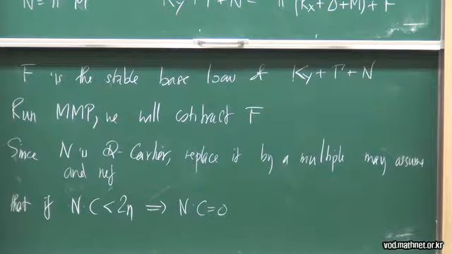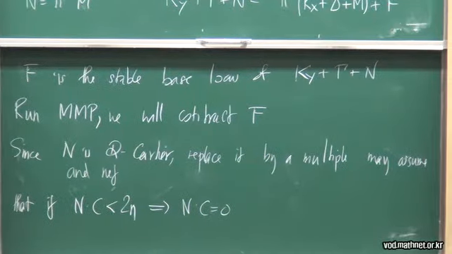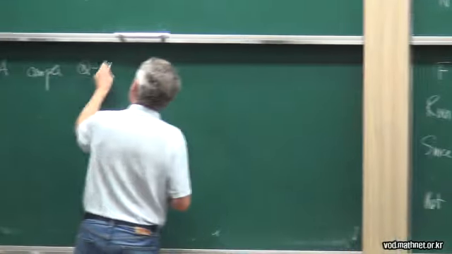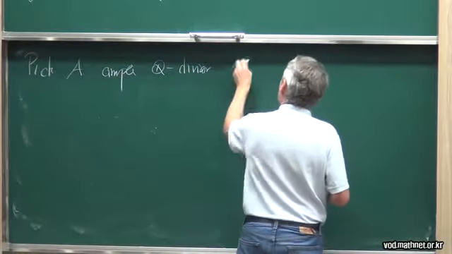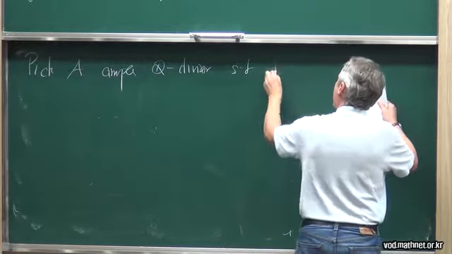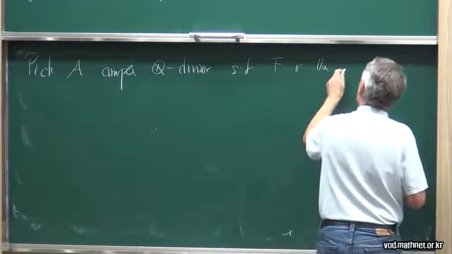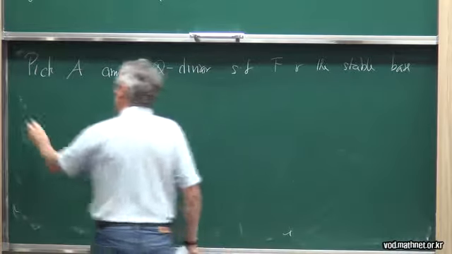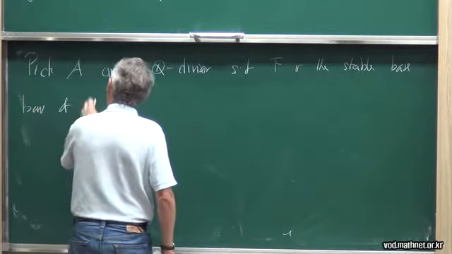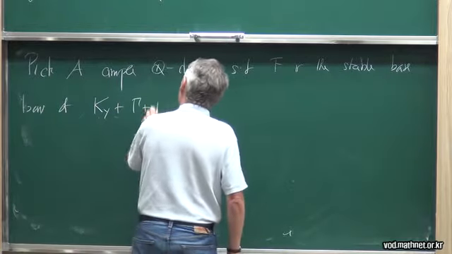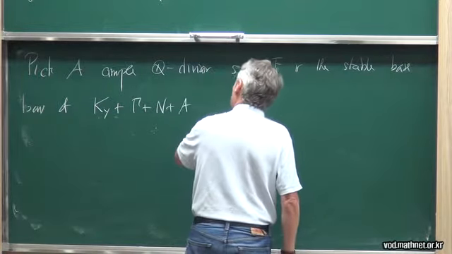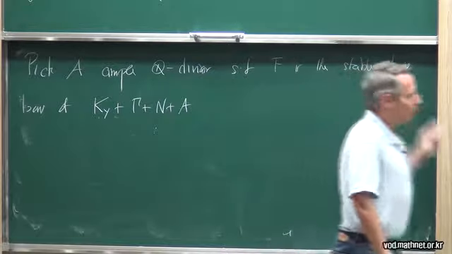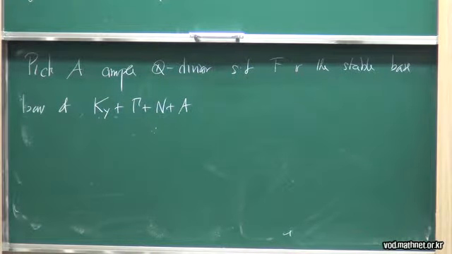Okay, so finally, pick an ample Q-divisor A such that F is the stable base locus, or the support of F, of Ky plus gamma plus n plus A. Again, this is the support of F. So if I just perturb by a very small amount of A, I won't change the stable base locus, I mean the support.